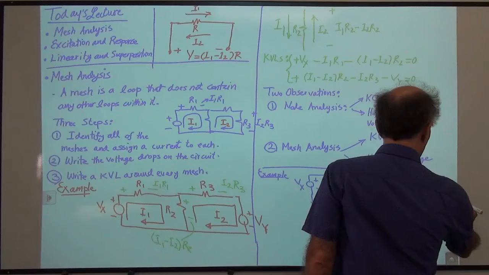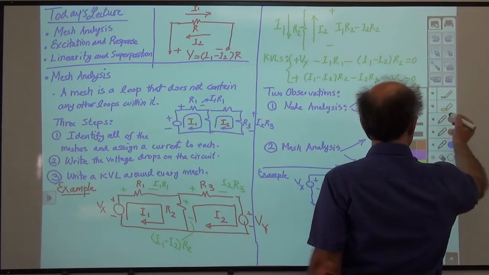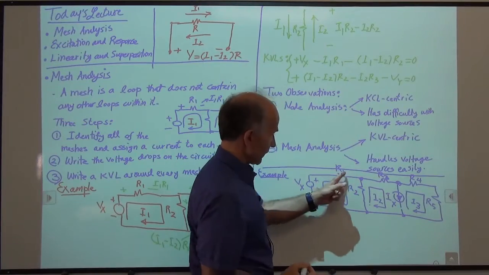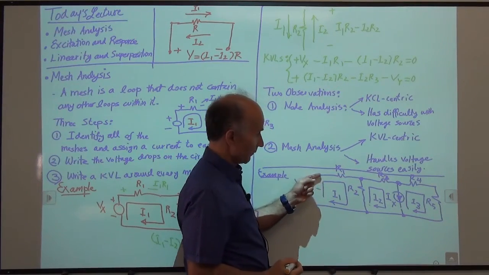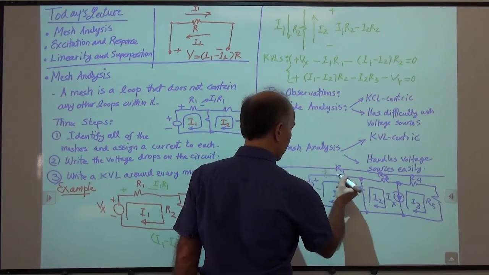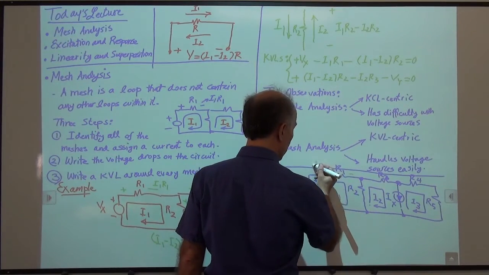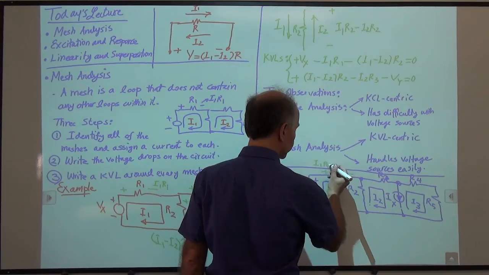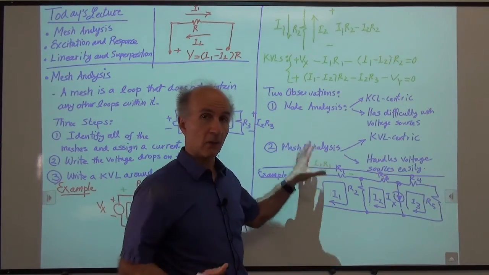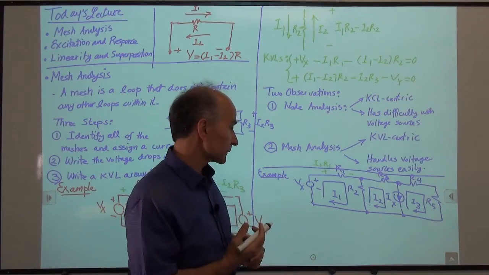Okay, so change the color again so that the voltage drops stand out. Across R1, I1 is going from left to right. So just like what we had here, we have a plus minus, and that's I1 R1. It's a little messy. You just have to draw the circuit really big so that this all can fit in there.